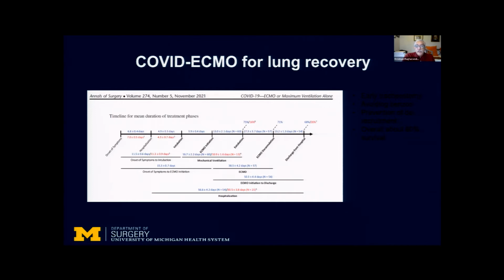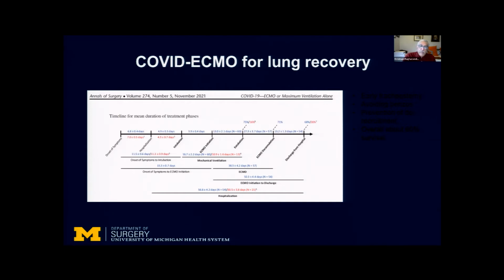This is the Rush group in Chicago, and what they noticed was that if they are able to perform extubation following a tracheostomy on ECMO and subsequently decannulation, they had a significantly higher incidence of discharge, and as you can see, almost 68% survival. Currently, what we are doing at the University of Michigan is we are considering early tracheostomy.